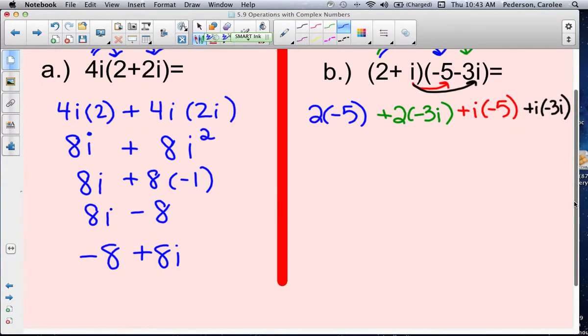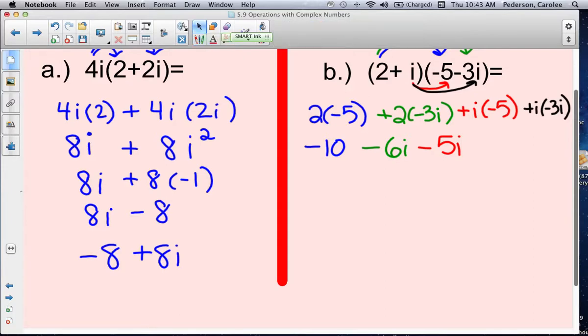So 2 times -5 is -10. Then the green one, we multiply like parts, so 2 times -3 is -6, and then i. The red is -5 times i, so we get -5i. And then like parts with the black is -3 times +1 is -3, and then i times i is i squared.